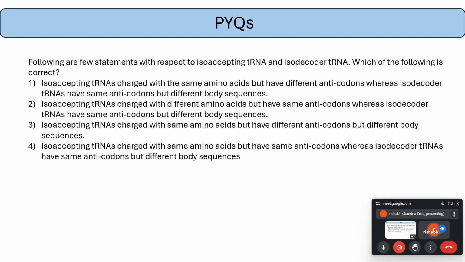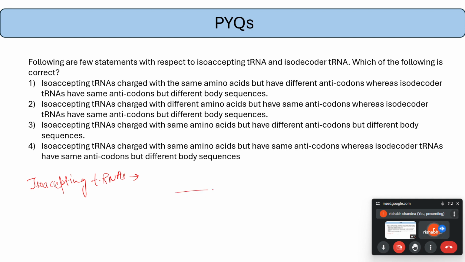So, what is iso-accepting tRNA? Iso-accepting tRNAs are basically the tRNAs that have different anticodons for the particular codon but carry the same amino acid.